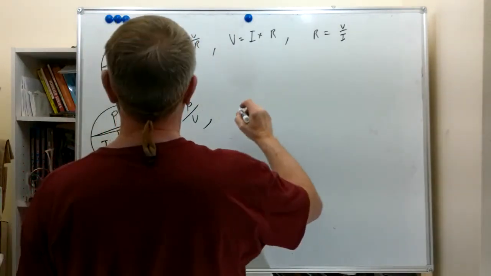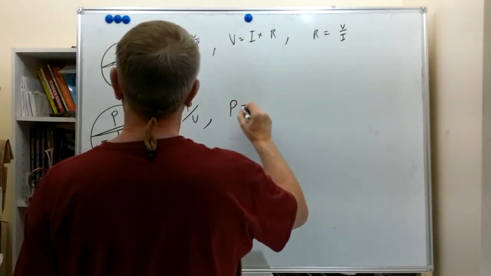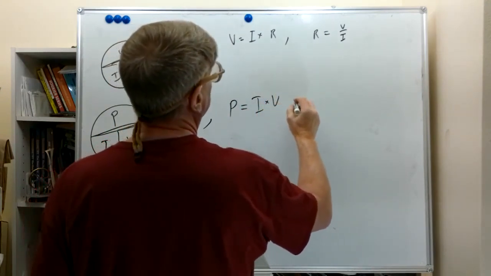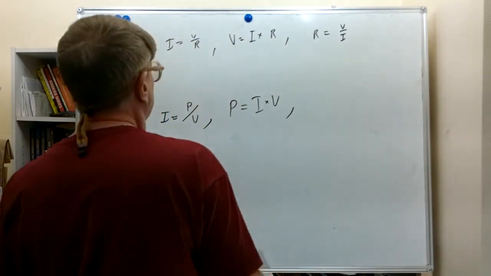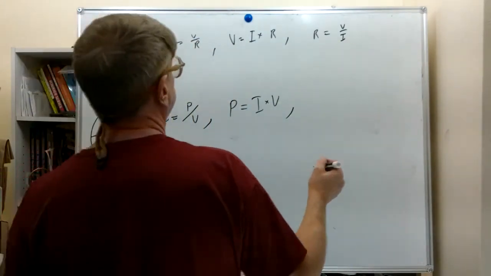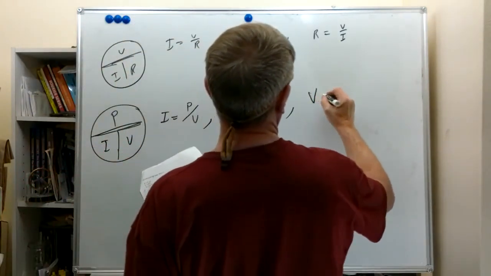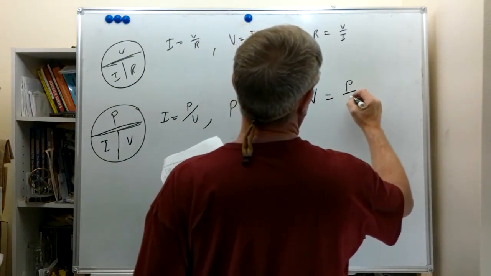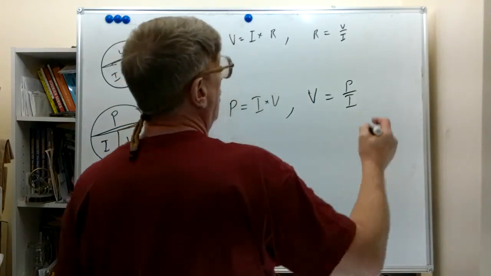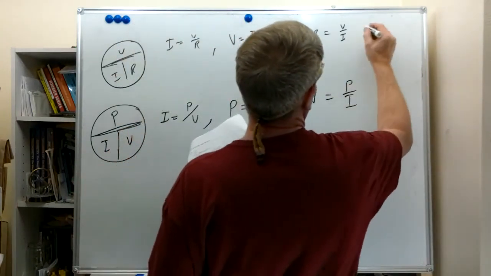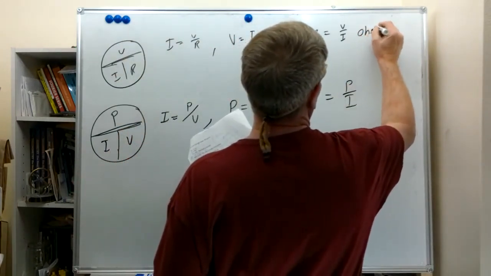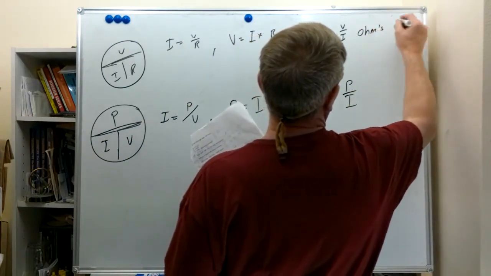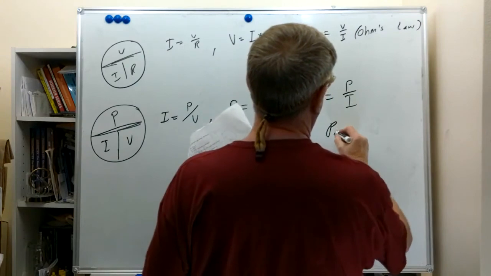And we're going to say that power equals current times voltage. And we have the voltage equals power divided by current. So here's Ohm's law, and here's our power formulas.